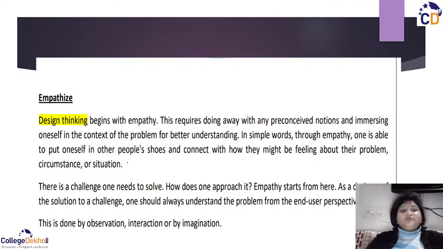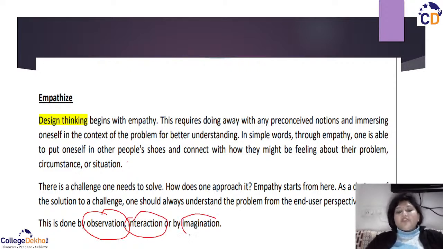This is done by observation. What are the methods of doing so? Observation, interaction, or sometimes the imagination process also. These are the three methods while you are putting yourself in someone else's condition.